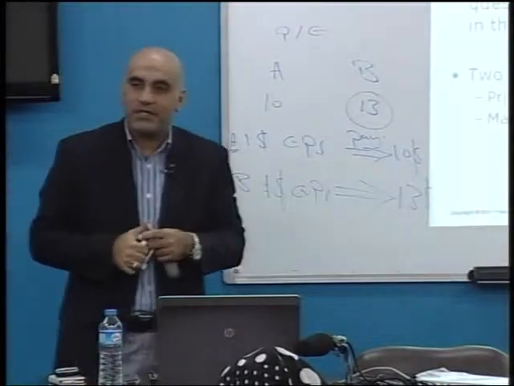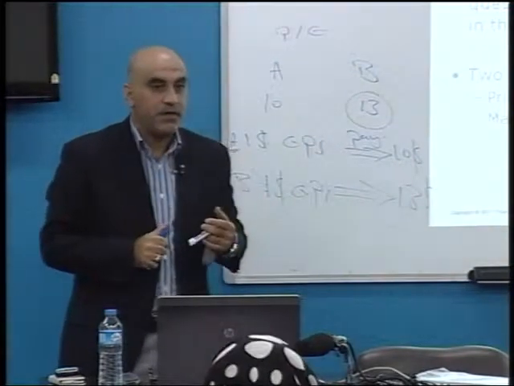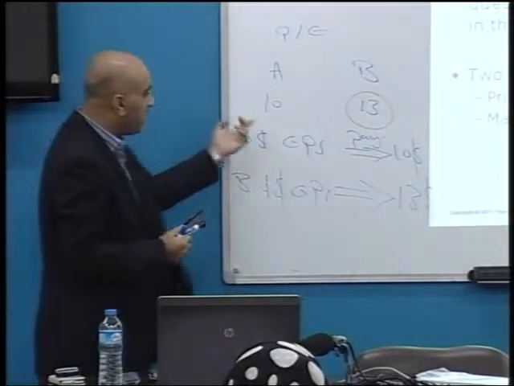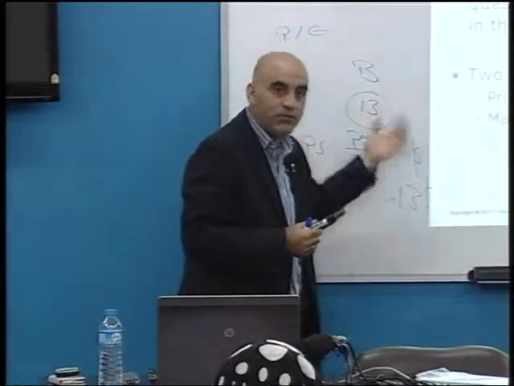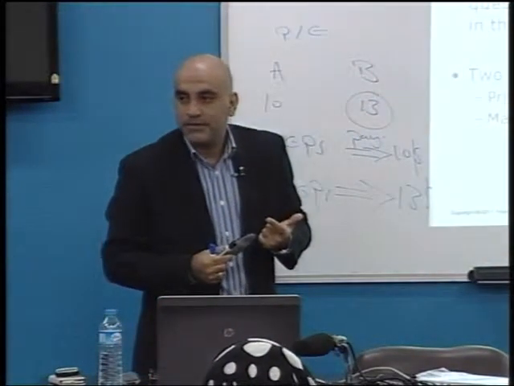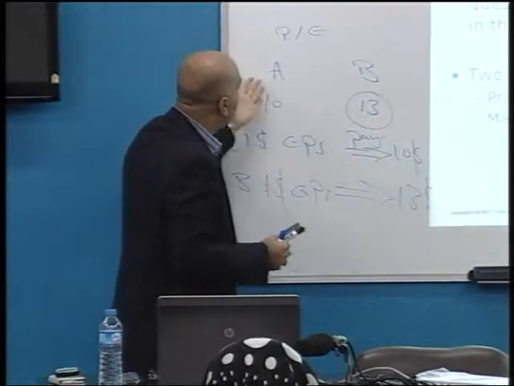Which stock has a higher cost, A or B? B. So the investors only pay $10 to get $1 profit, but here they pay $13 to get $1 profit. So be careful with this.